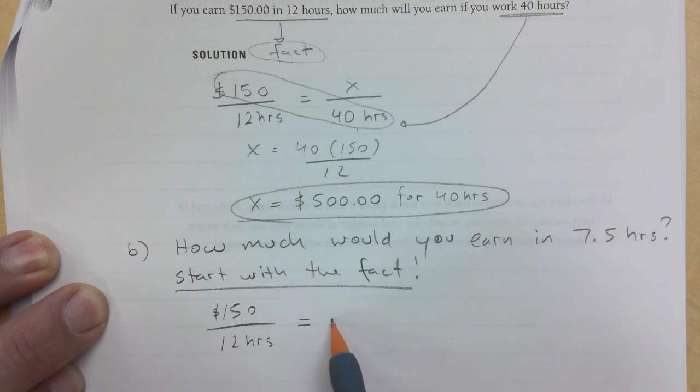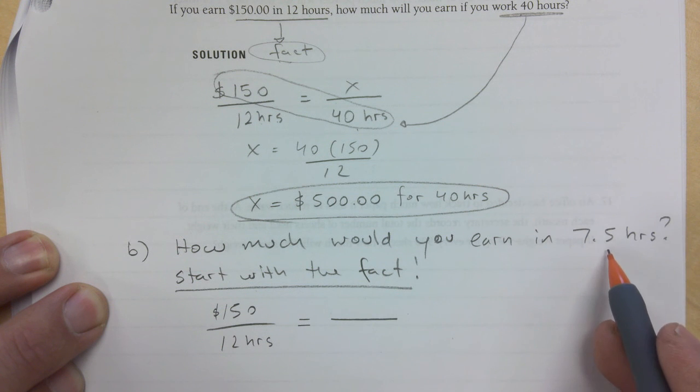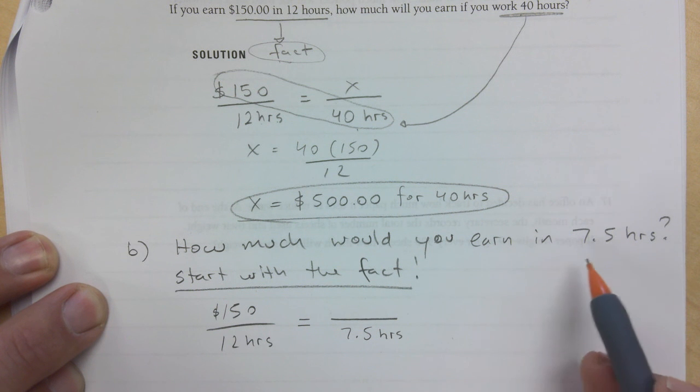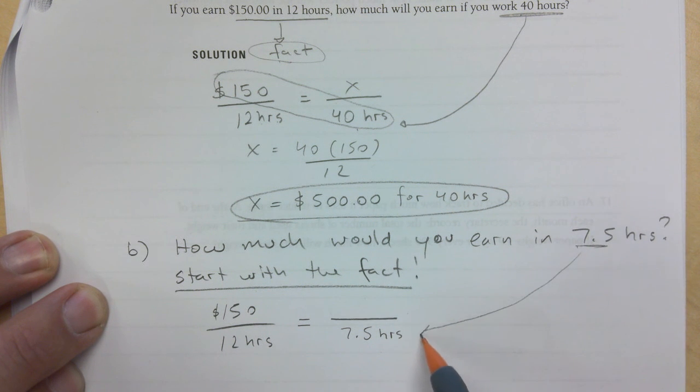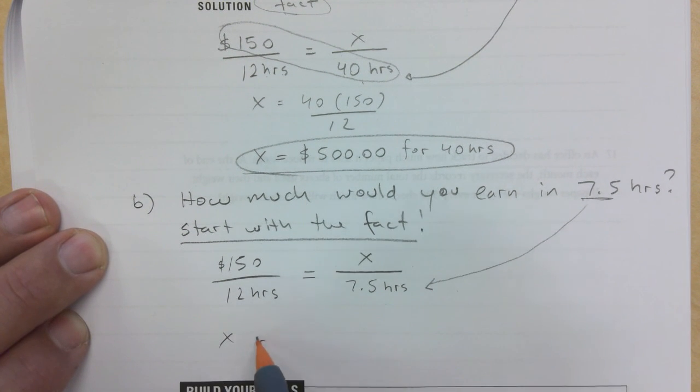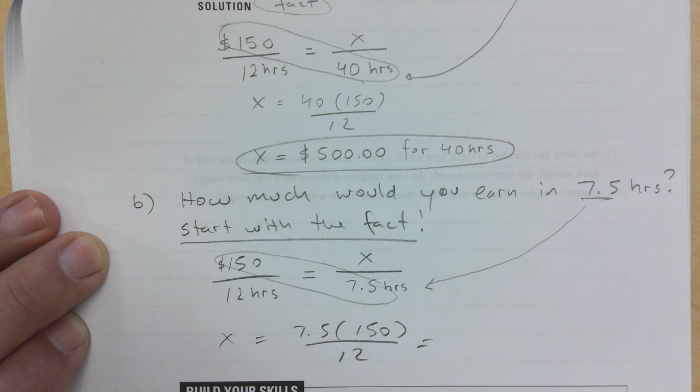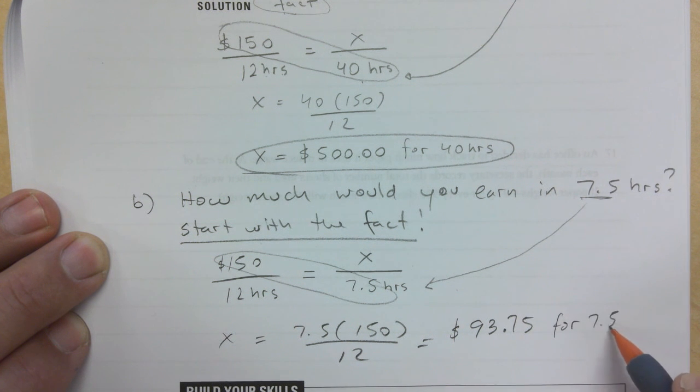And if this is true, then the 7.5 hours would just go here. Just like where you put the hours before, right? So 7.5 goes there. How much would I make if I worked 7.5, right? And there it is. You cross multiply this way, 7.5 times 150 divided by 12, and that is 93.75 for 7.5 hours of work.